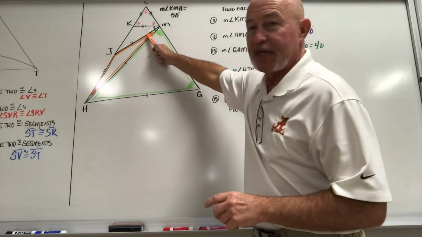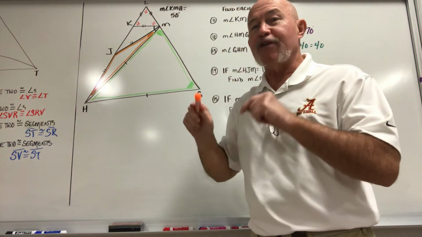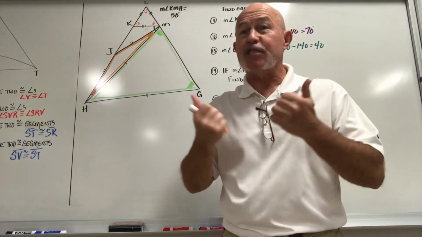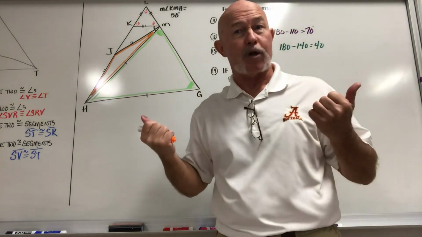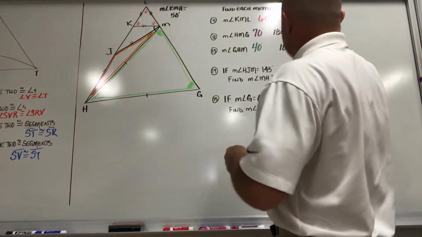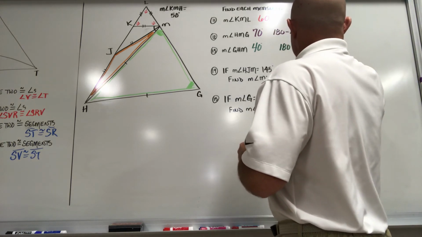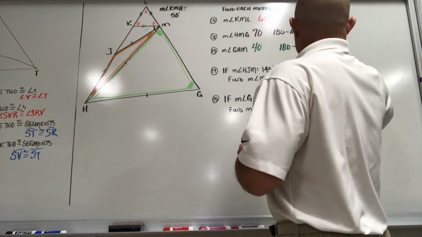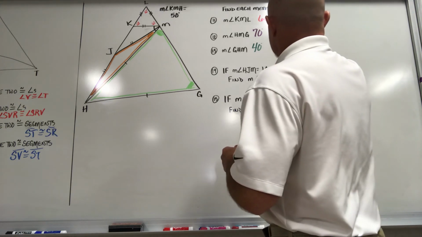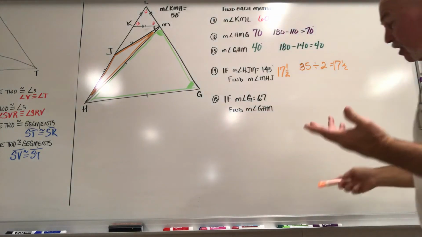That means this angle plus this angle equals 35 degrees. So that means 35 degrees has to be divided into two equal parts to find out what each of these is. 35 halved is 17 and a half.